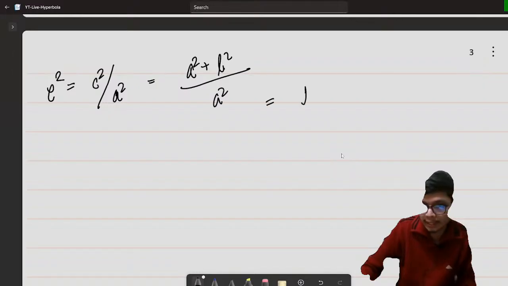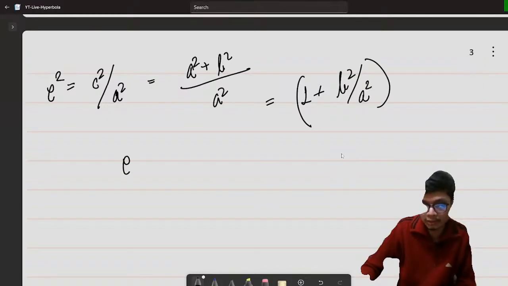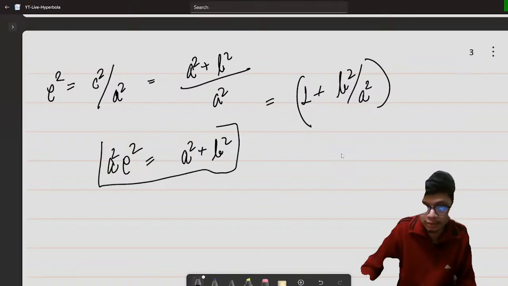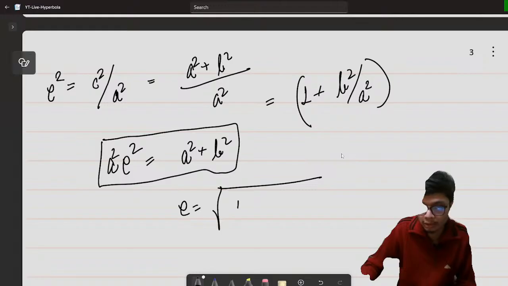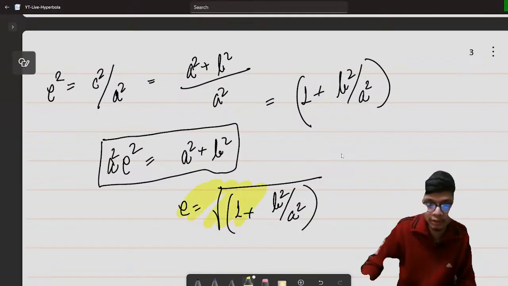Therefore ultimately I will obtain an equation like 1 plus b square by a square. So I get another equation, that a square e square would be equal to a square plus b square, and also I can say eccentricity would be equal to the square root of 1 plus b square by a square.